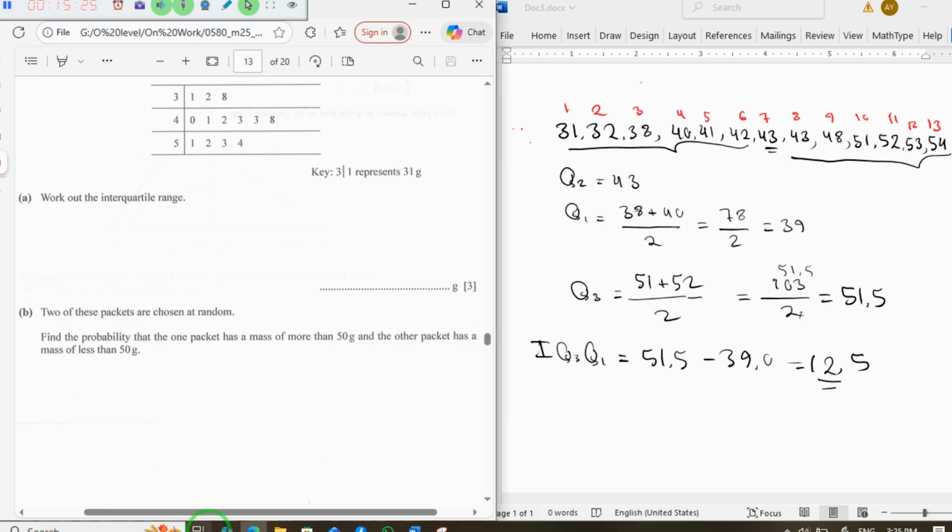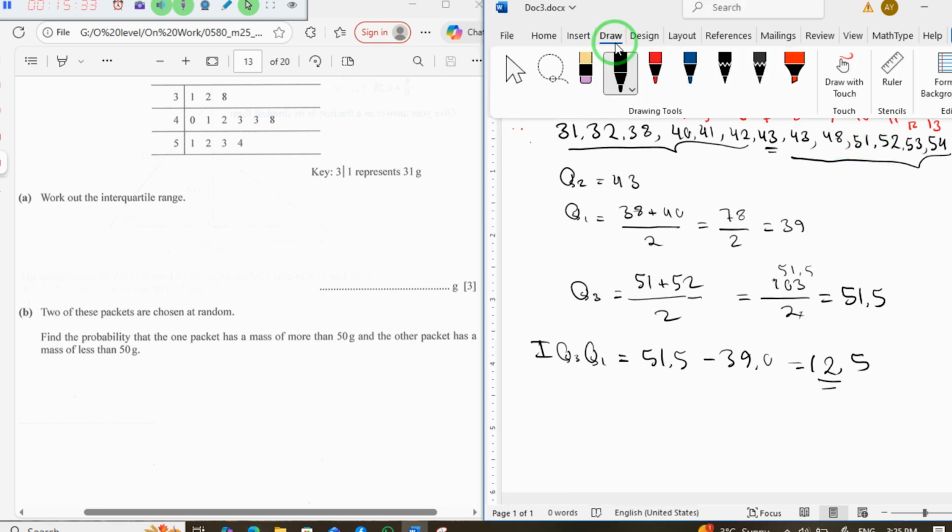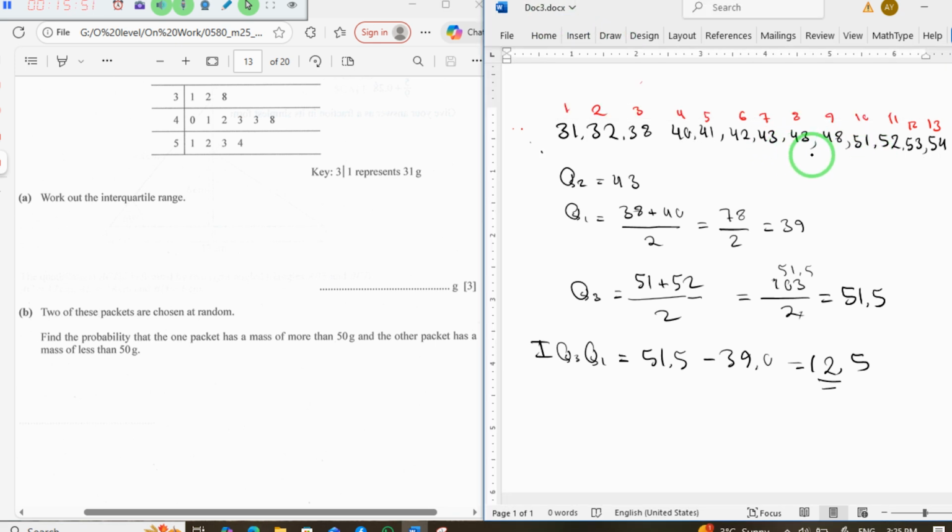How can we select randomly? As you see in the graph here, I first erase this part. 50 grams is actually the border between 48 and 51. Here is the border. These packets are smaller than 50 and these packets are larger than 50.